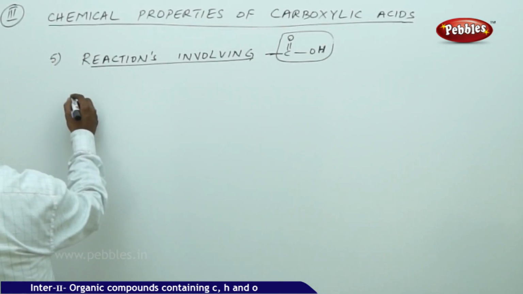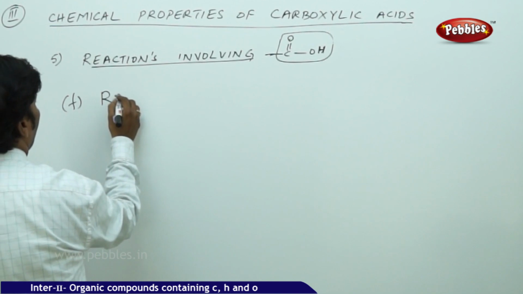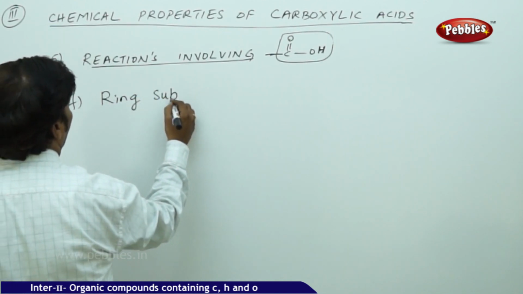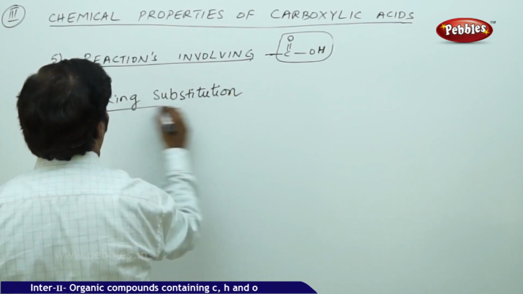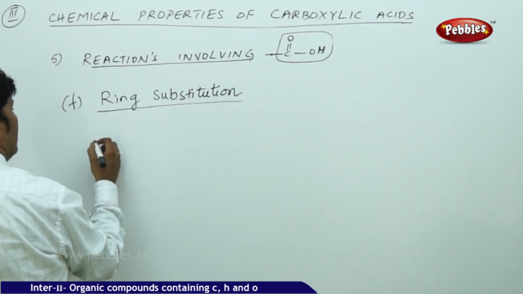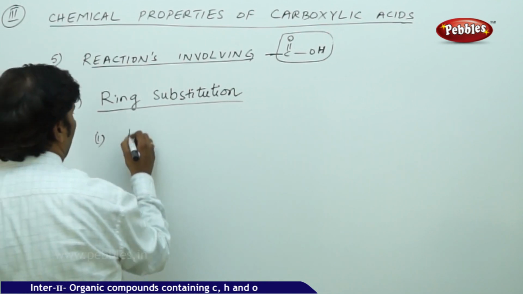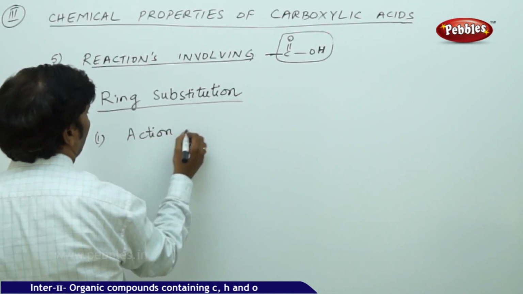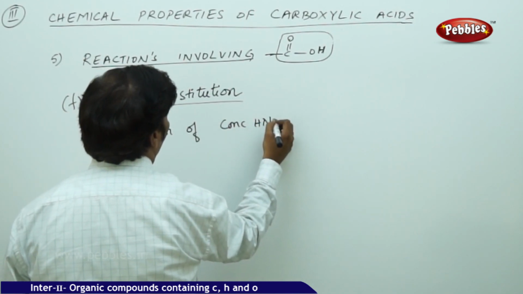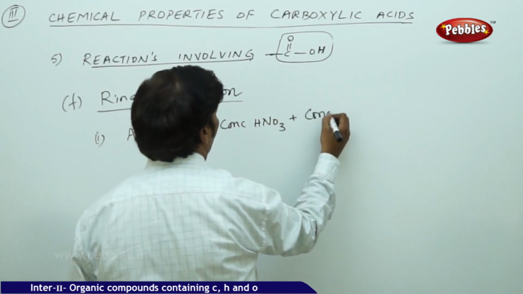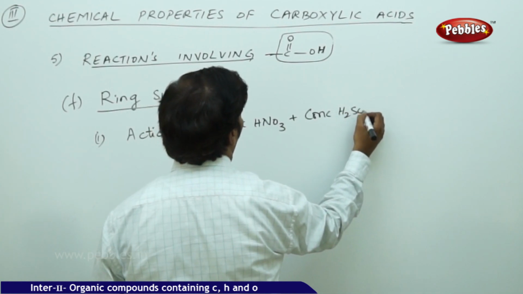So here you go for the last reaction, ring substitution. If you take in this, you can take first one, action of concentrated nitric acid plus concentrated H2SO4.